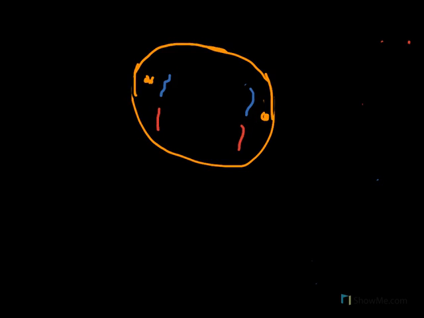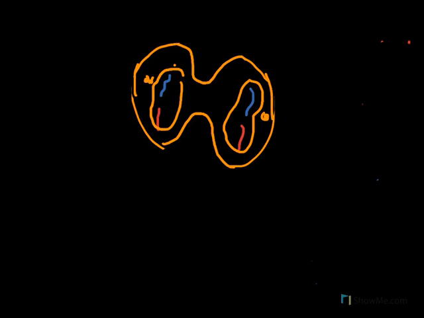And don't forget, during telophase, our nuclear membrane will start to reform. So here's our nuclear membrane going around. There's our nuclear membrane. And now after telophase, the cell is going to start to pinch in. And this pinching in of the cell membrane is called cytokinesis.